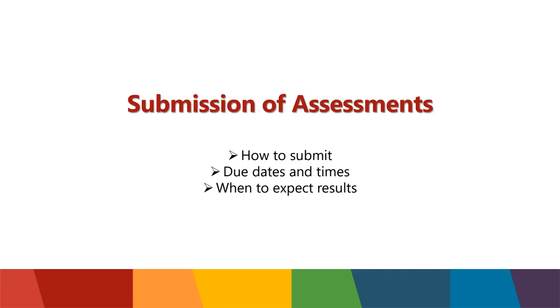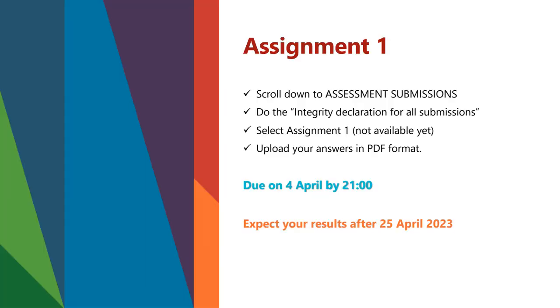So how do I go about submitting assessments, the due dates, and so forth? I've now talked you through it. Assignment 1 is due on the 4th of April. You can expect your results on the 25th of April. It takes about 3 weeks, because some people, because of late registration or whatever, only finally register about 4 or 5 days after that, and then I can only start marking.